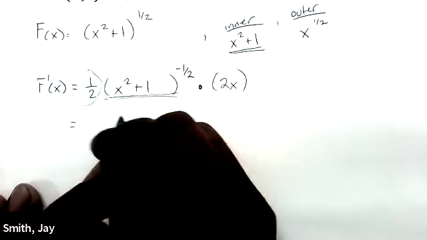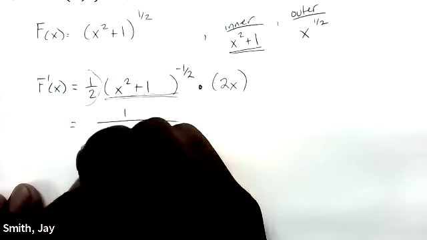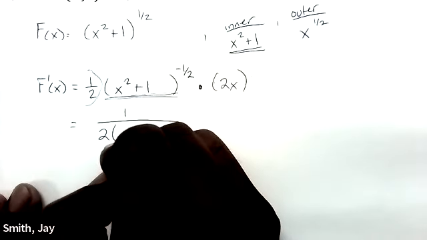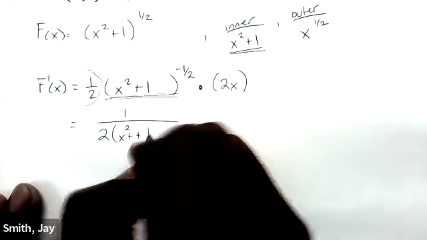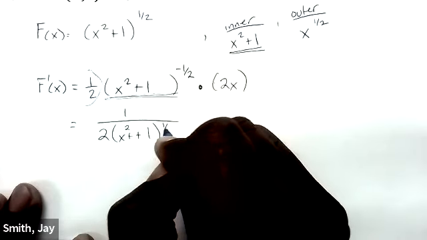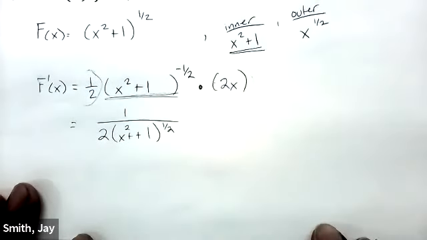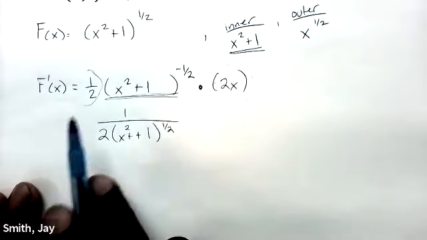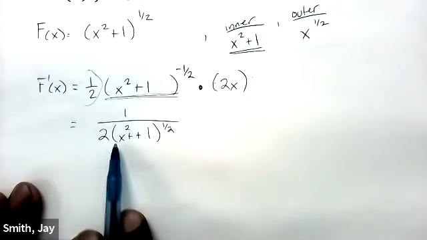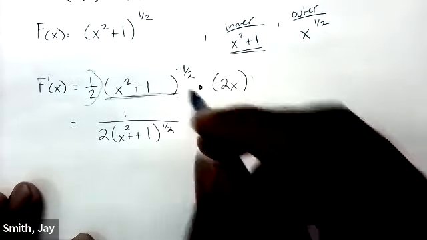So here, I'm going to take that x squared plus 1 to the negative 1/2 power, push it to the bottom of my fraction. I'm pushing it down in my denominator with my 2, and that's going to make the exponent positive.